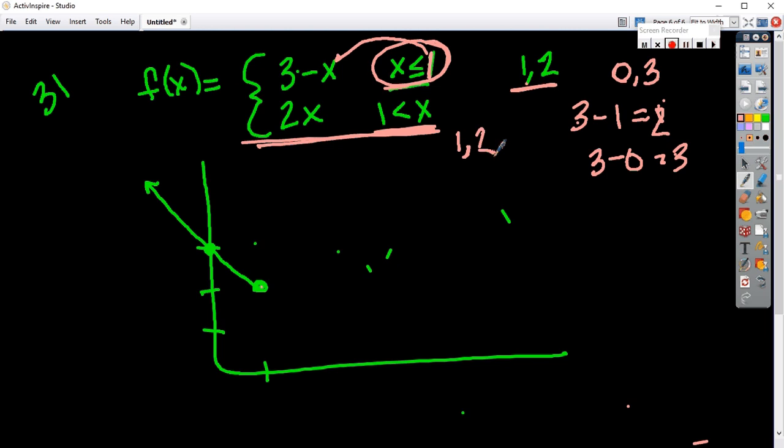Does that make sense? Mary Margaret? No? Which part does not make sense? Do you see how we plugged in this initial point?